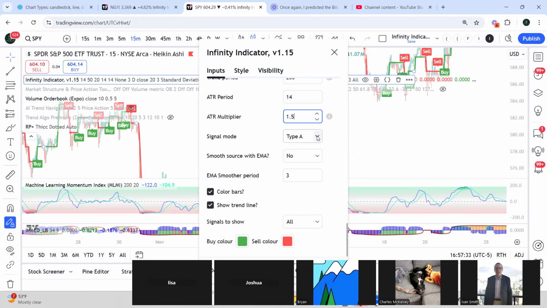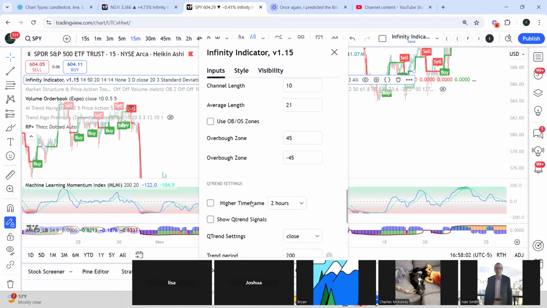But you may be able to pull better results on something like a shitcoin or meme stock crypto, where you may want the ATR multiplier, or the sensitivity, to be higher or lower in some instances. But if you're trading SPY or any of the regular stocks or Bitcoin or any of the regular crypto, I would just keep it the way it is.